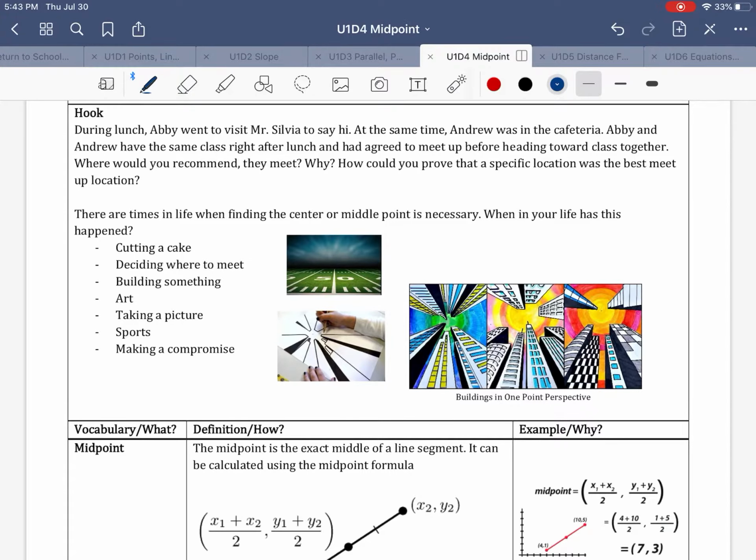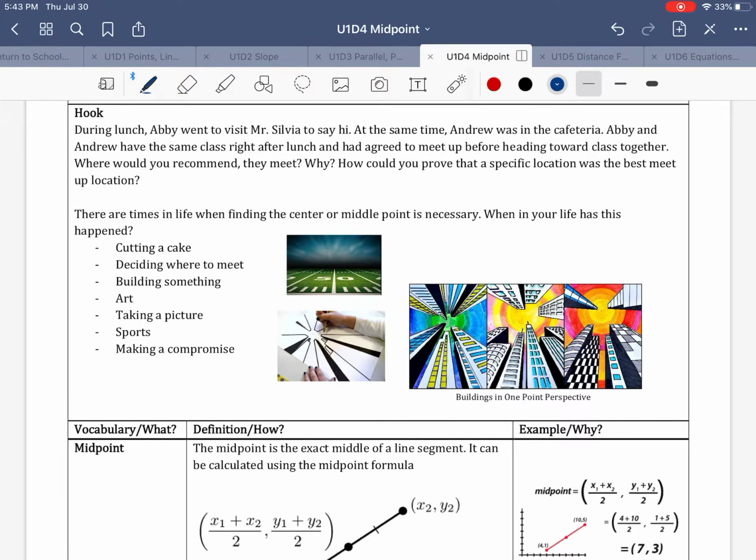Maybe you're building something and it has to be in the center so that it can be balanced, kind of like a seesaw. When you're taking pictures, you usually want the person or the main focal point to be in the center, or if it's not in the center, for you to have a rationale behind maybe why it's not, right? When you're playing sports, basketball, soccer, football, there's a lot of angles and precision that goes into that.